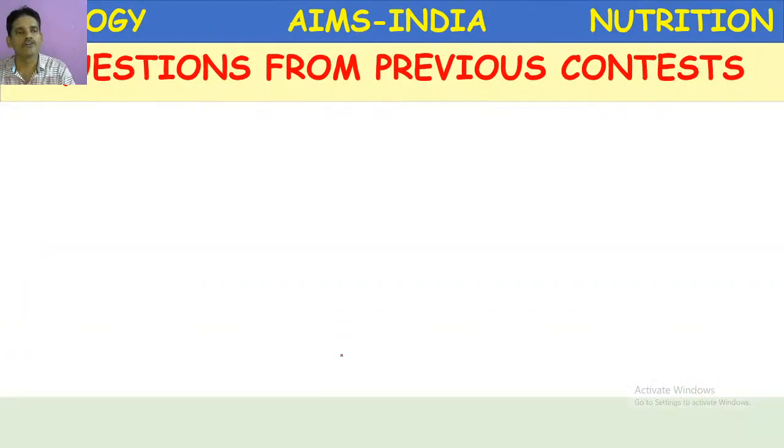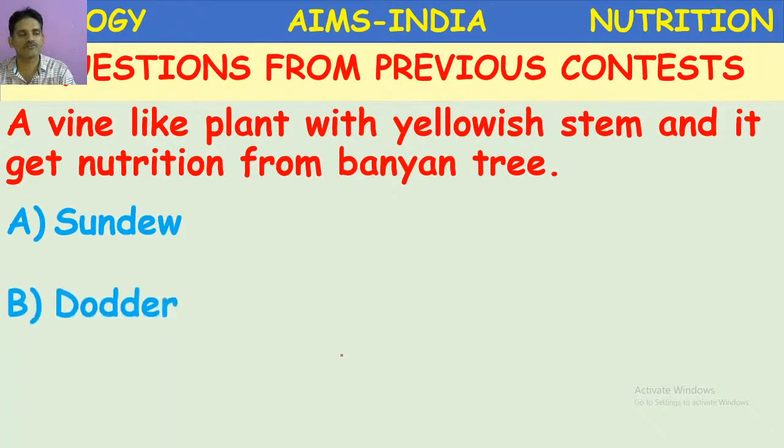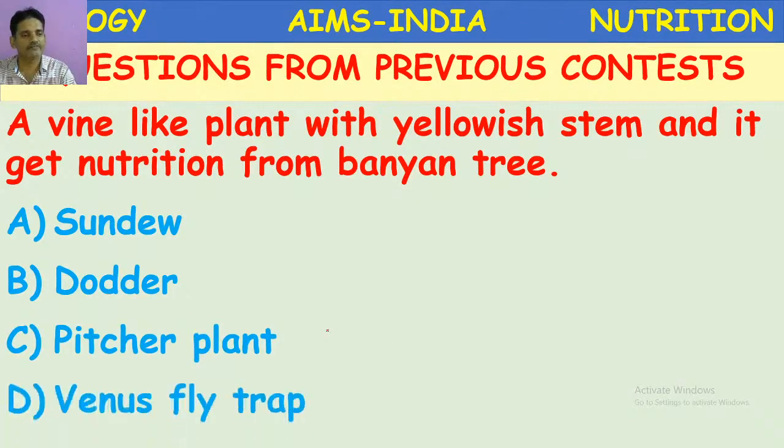Keep answering. A vine-like plant with a yellowish stem gets nutrition from a banyan tree, which it grows on, with the banyan tree as a host. Select the plant. Sundew plant is an insectivorous plant.